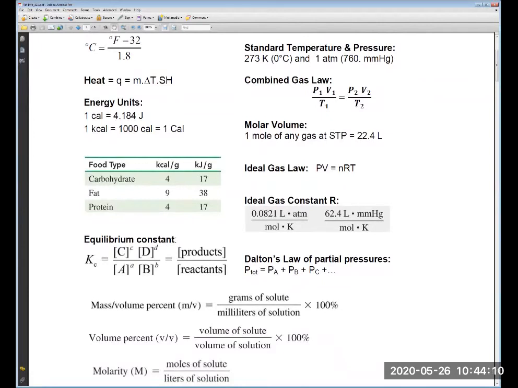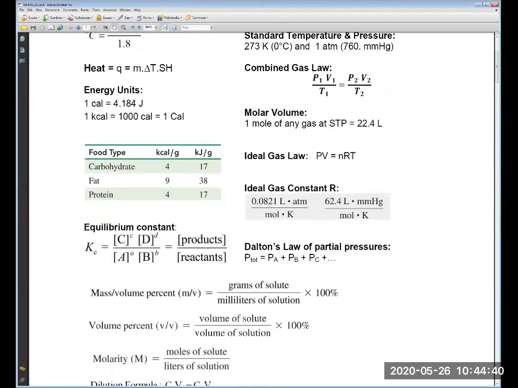The units, liters times atmosphere per mole per Kelvin, remind you that volume has to be in liters, temperature has to be in Kelvin, and number of moles has to be in moles, and then you adapt the R value. If you have atmospheres, you would use the first one. If you have millimeters of mercury, you would use the second one. So change your pressure unit if needed.